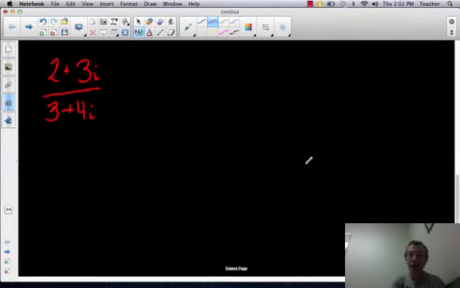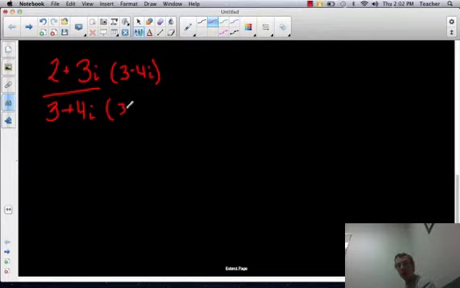Now, that is why here we're going to multiply each of these by the complex conjugate, because it's just like working with any set of fractions. If you multiply something at the top, you have to multiply at the bottom by that same number. So as we already showed here, we'll go back through the steps.